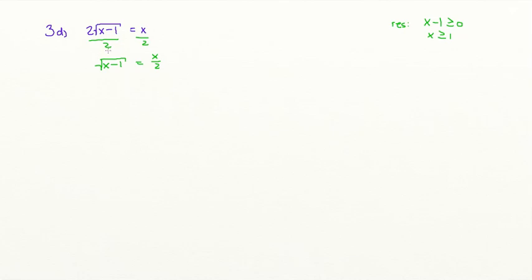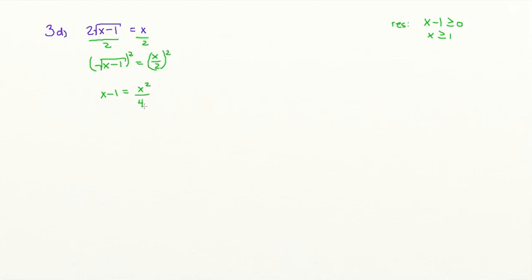I would have to do some FOILing and I might not get rid of all of the square roots then. So I'm going to try to isolate the square root, and then I can square it. I square both sides. I'll have x minus 1 equals x squared over 4. I don't have any more square roots.